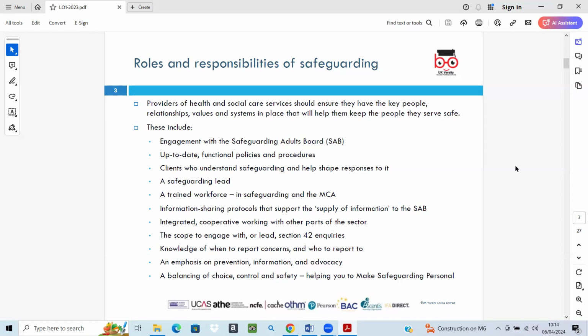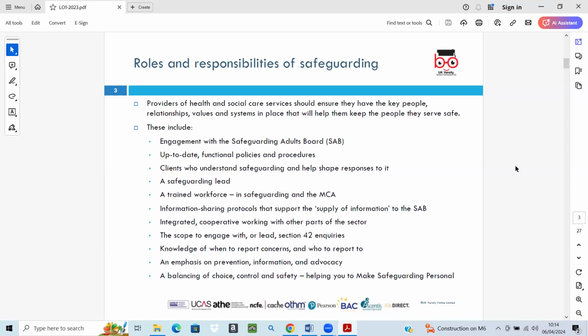So can I ask a question? Do you know why it is important for a care home to engage with the safeguarding adult board? Sorry, repeat again. Why is it important for a care home to engage with the safeguarding adult board?